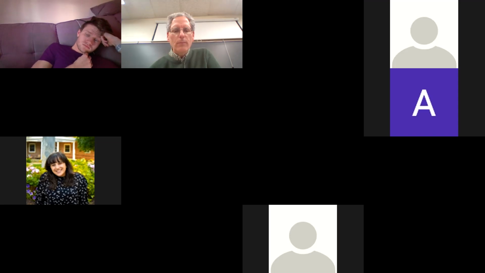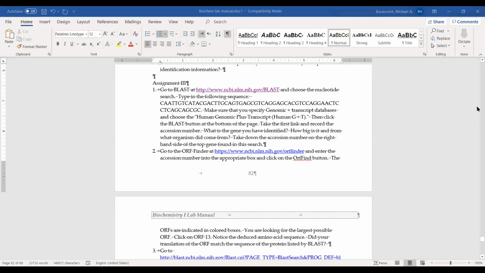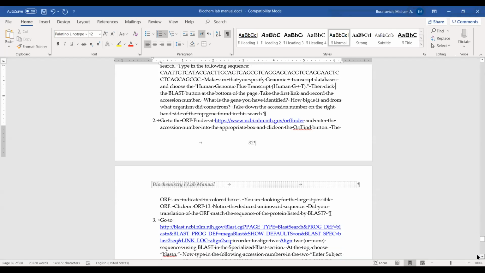I have a question about assignment 3, question 5. So I get to the sequence, but then I'm not completely understanding what I'm supposed to be looking at to answer some of the questions.